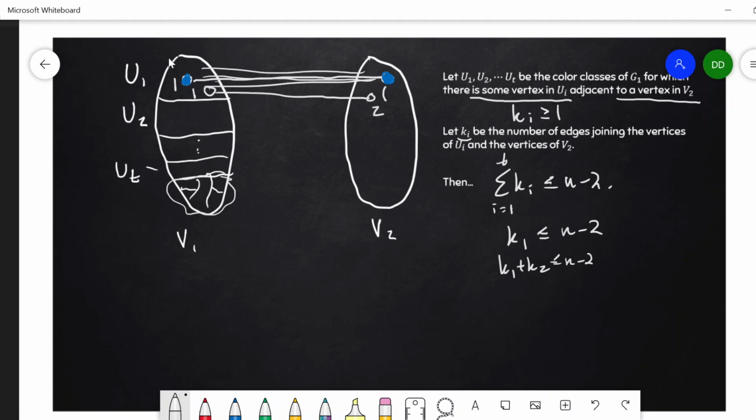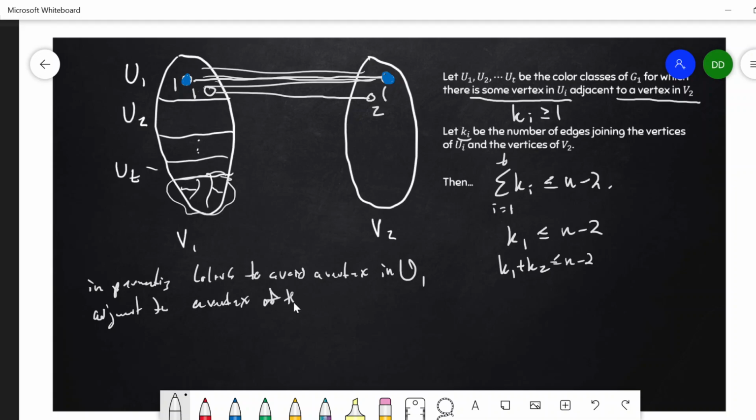So the question is, is there a color available such that no vertex here is adjacent to a vertex in V2 of that color? And the answer is yes. So how many colors do I need to avoid? In permuting colors to avoid a vertex in U1 adjacent to a vertex of the same color in V2, we have k minus 1 total colors.